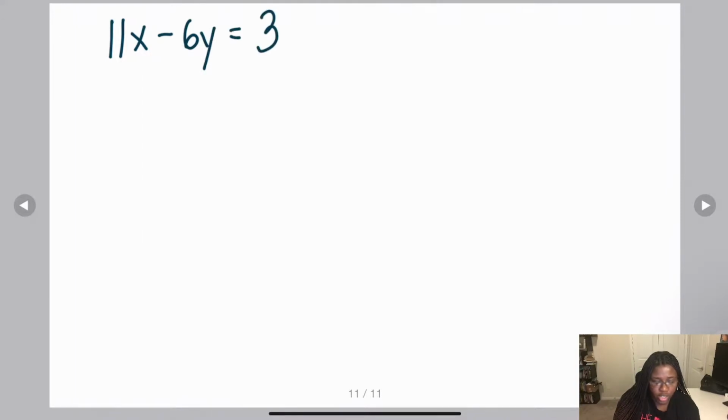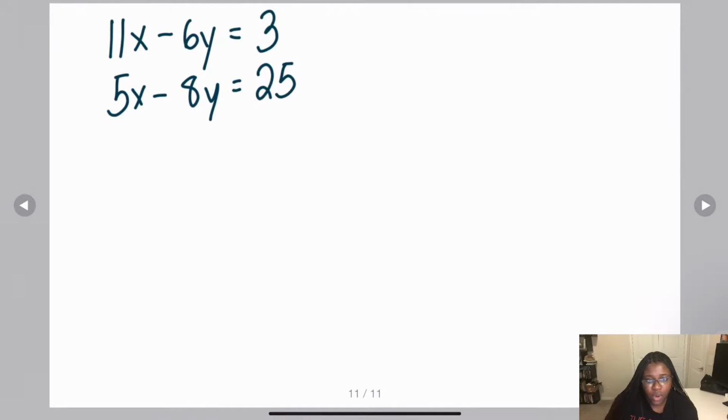Then our second equation is 5x minus 8y equals negative 25, sorry. Let me make that negative prettier.